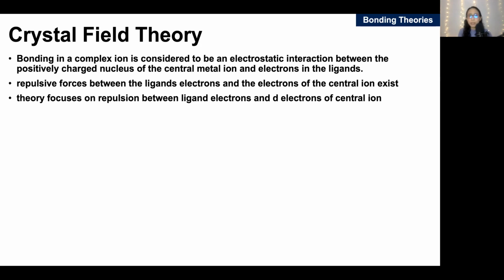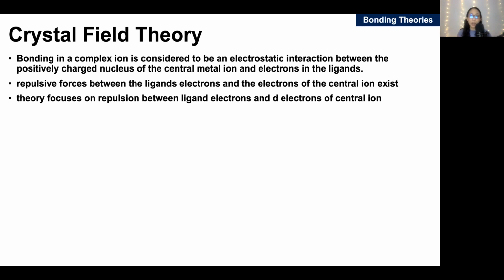So the crystal field theory considers the bonding in a complex ion as an electrostatic interaction between the positively charged nucleus of your central metal ion and the electrons in your ligands. So recall, we defined the central metal ion as a Lewis acid.